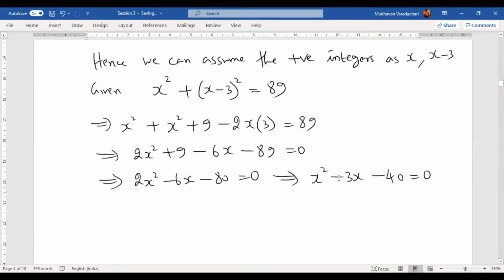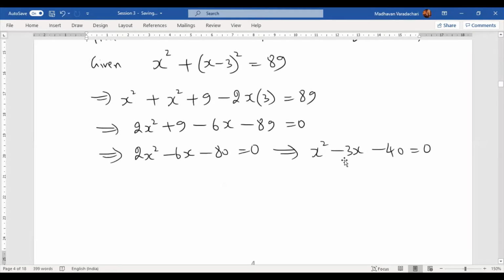Now think about two numbers which if I add I should get minus 3, and if I multiply those two numbers I should get negative 40. Why negative 40? Because this is nothing but 1 times minus 40.